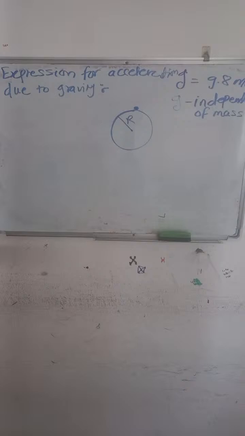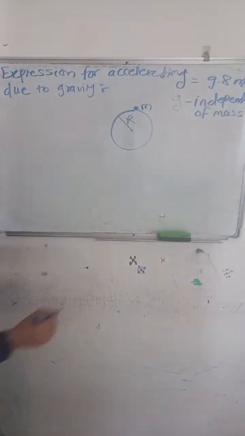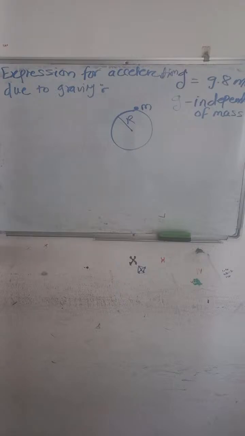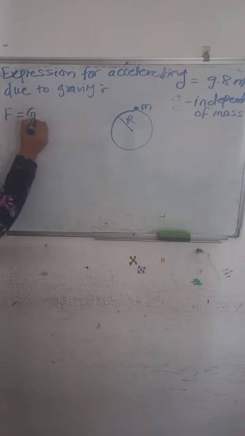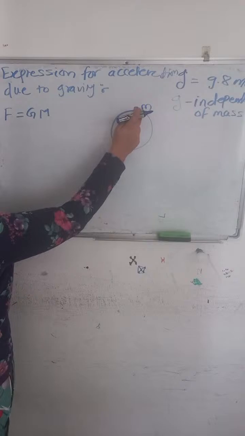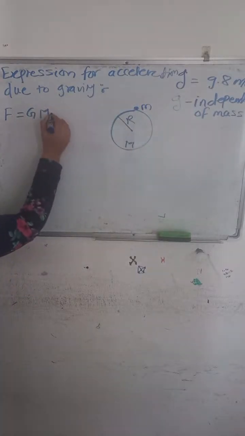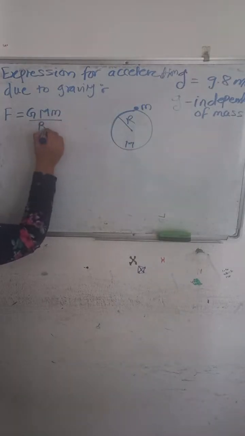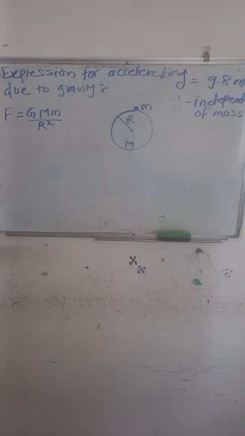The body has mass small m, and the earth has mass capital M and radius capital R. If we apply the gravitational force, the force of attraction between the body and the earth is F equals G M m divided by R square.